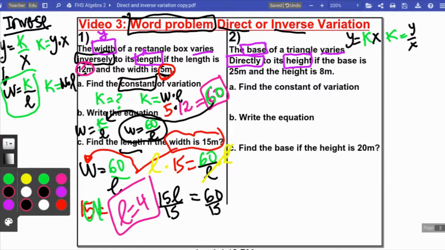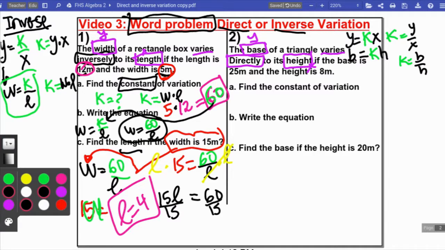But now we're using two different letters. The base will be the y and the height will be the x, so I'm using b and h. B equals k times the height, where k equals b over h.